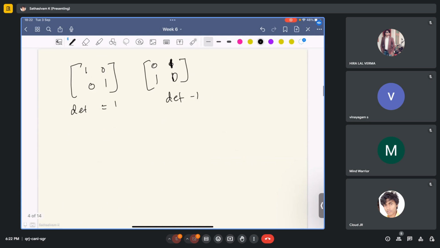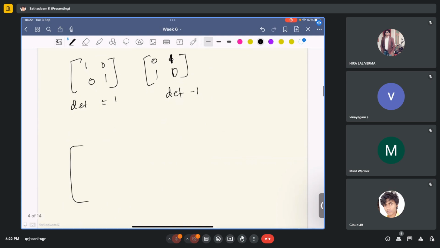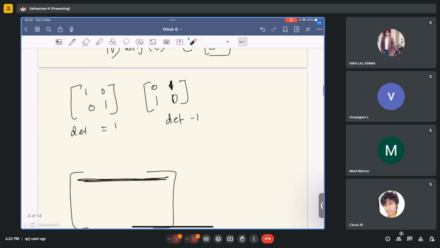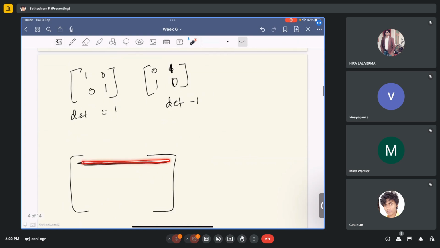Now if you have a 3 cross 3 matrix, however it is, you expand via one row, or probably via a column.